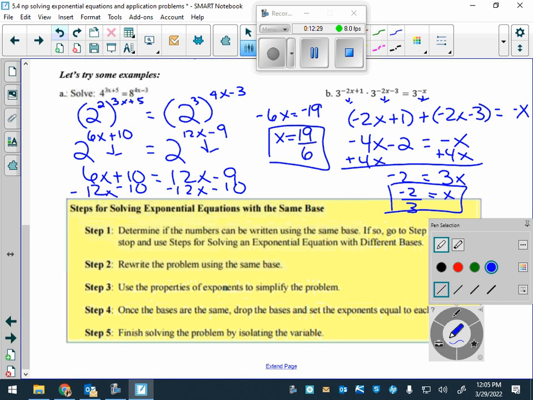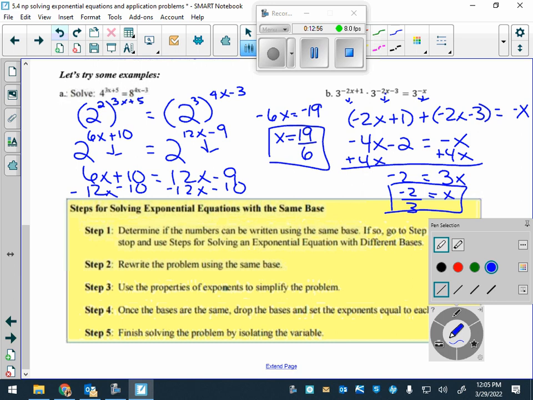All right. So we're always looking for the same base. If you look at your blue puzzle, here are some ideas of some bases you will see on the right-hand side. Because here you're adding your exponents.